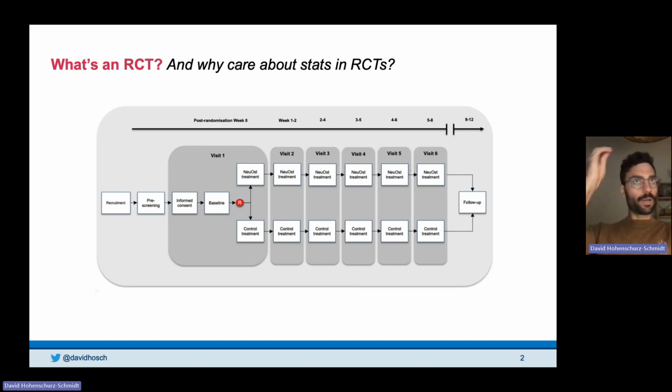So these two features, randomization and a control arm of some sort, are also the main distinguishing features between RCTs and what's called observational and cohort studies. In these studies, you usually have individual groups of patients that are followed up longitudinally, so that are followed over time. And there's no random allocation, there's usually no comparator and no control group either.